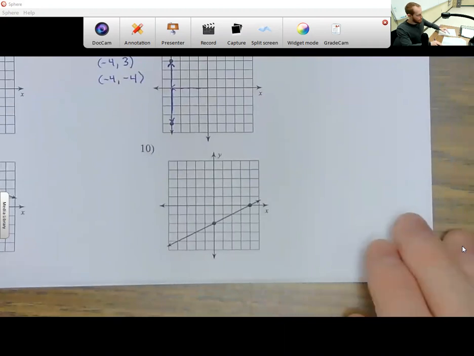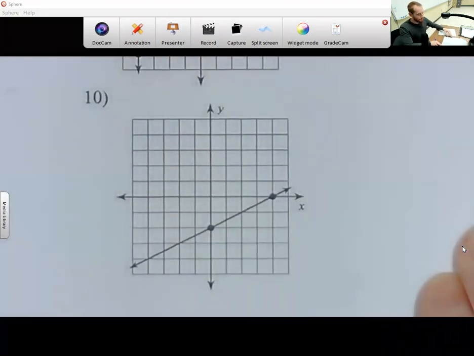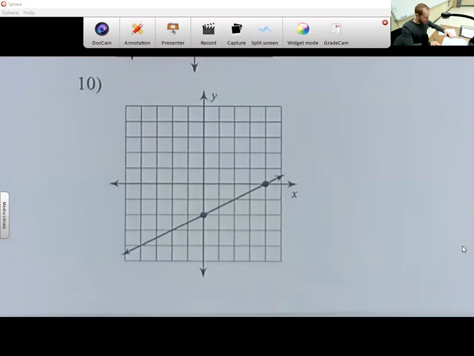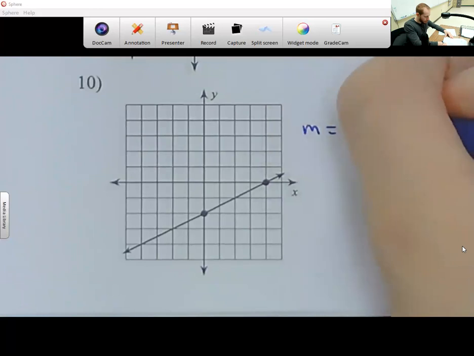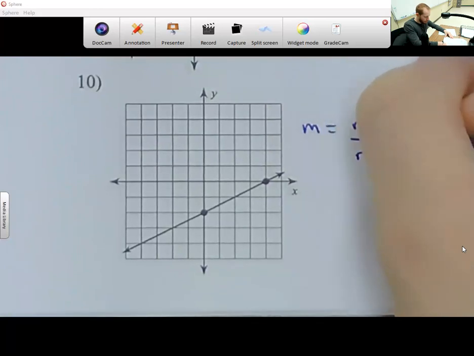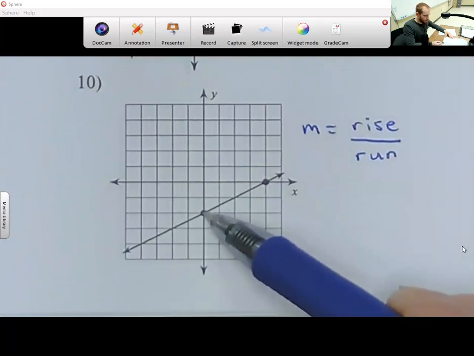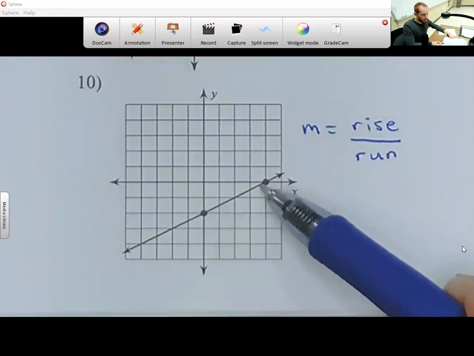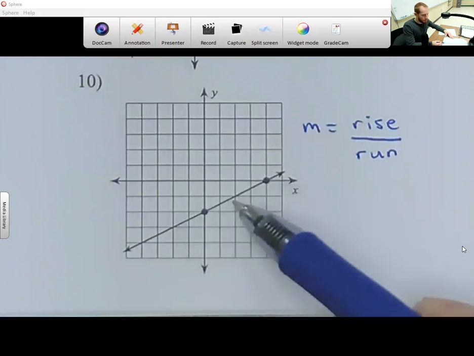Okay, let me zoom in on number 10. So for number 10, what's my rise going to be and what's my run going to be? Because I'm always doing rise over run. Well, if we start at this point and we want to get to this point, we always start at the point that's to the left of the other point, right?